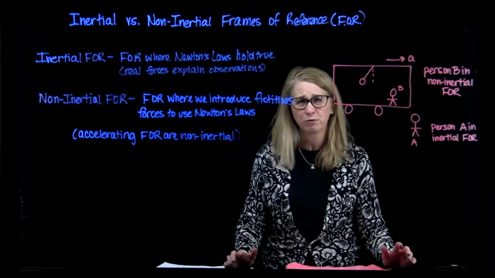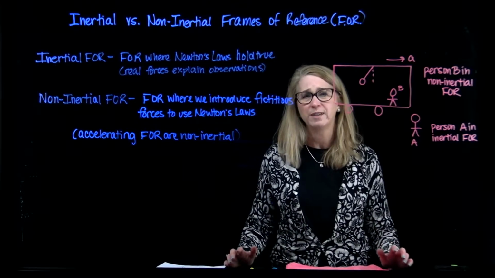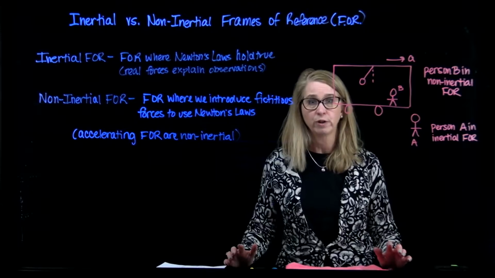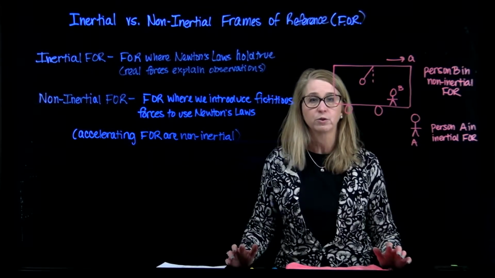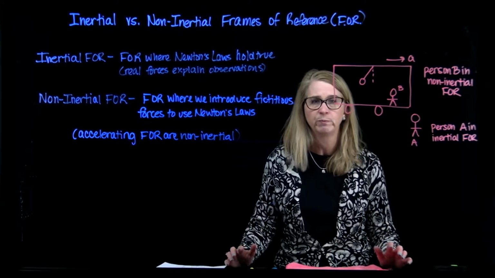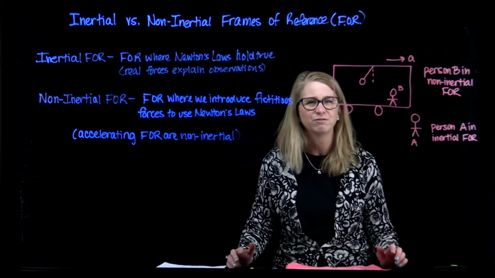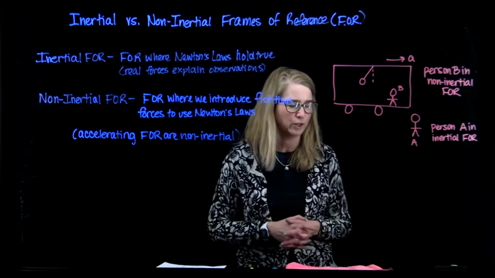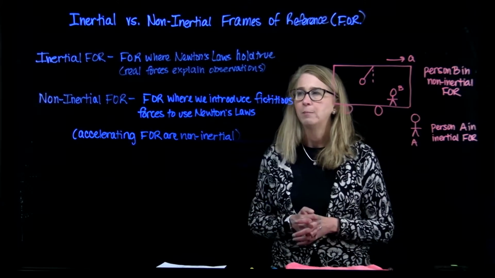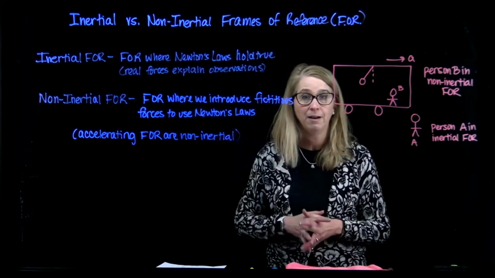So in the inertial frame of reference, usually what is said is an inertial frame of reference is a frame of reference where Newton's laws hold true. And like, I don't feel that that's a good explanation, but I wrote it down.